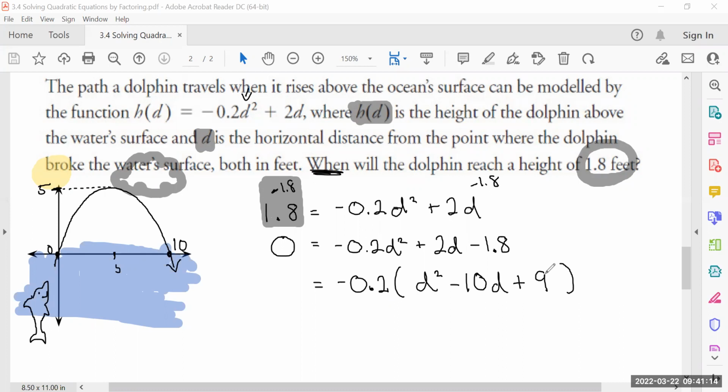Yeah, stupid me. Okay, so here I have the negative 0.2, that's fine. But on the bracket portion, I have a simple trinomial. Yay. Two numbers that multiply to a positive 9, but add to a negative 10.